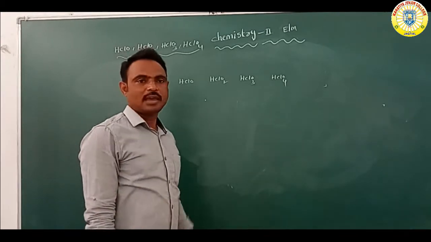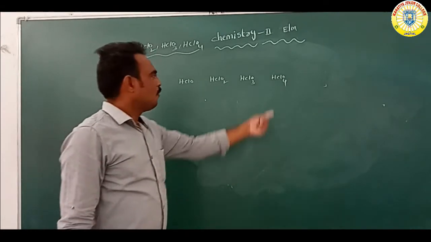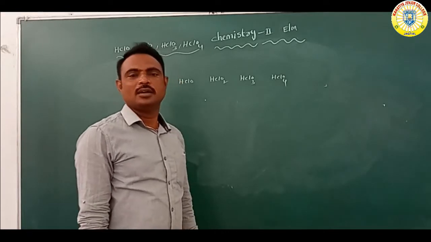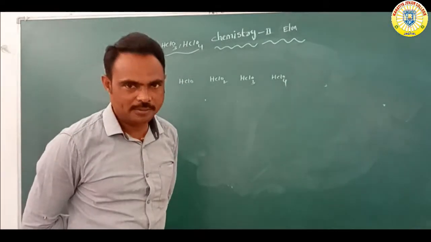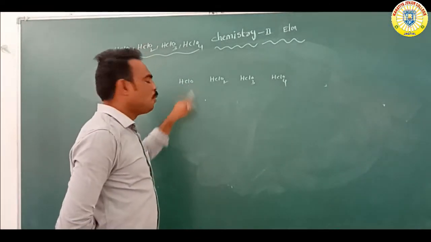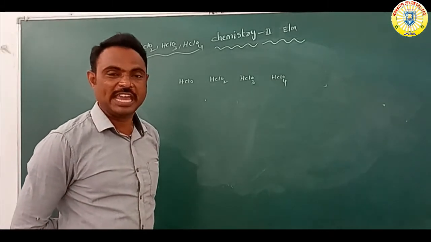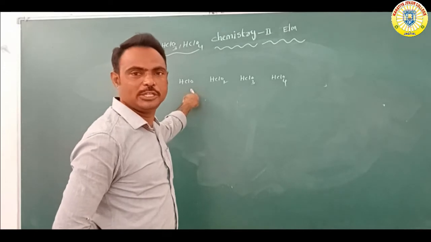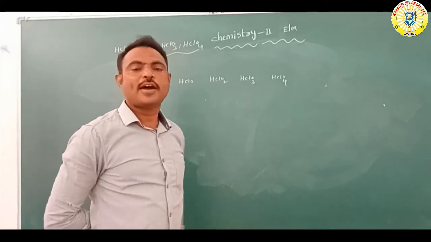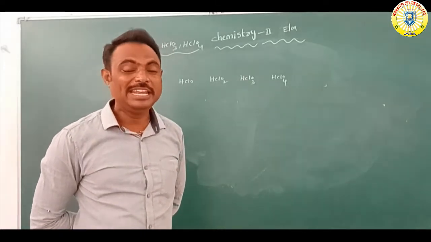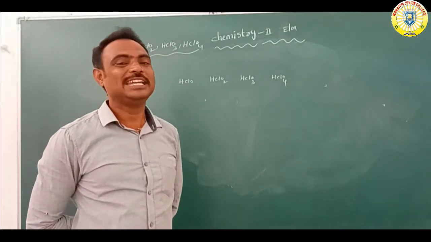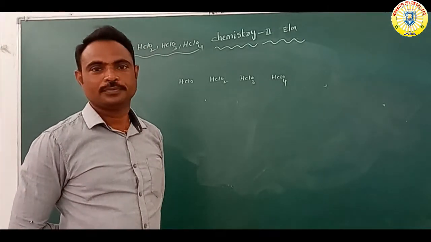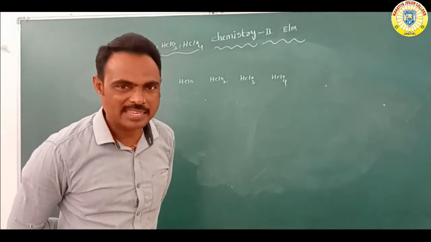Among these acids, perchloric acid is a very strong acid, but hypochlorous acid is a weak acid. From hypochlorous acid to perchloric acid, the acidic strength increases.